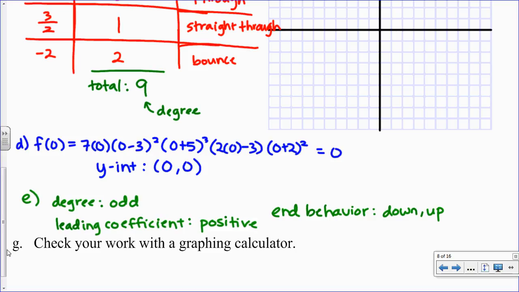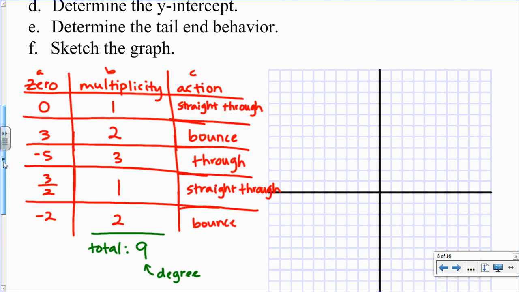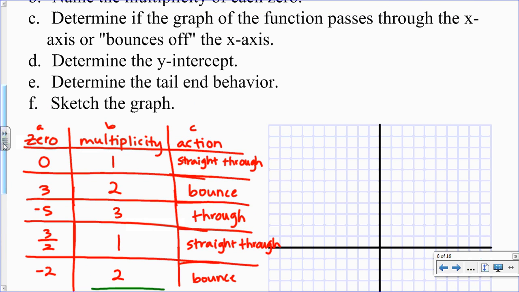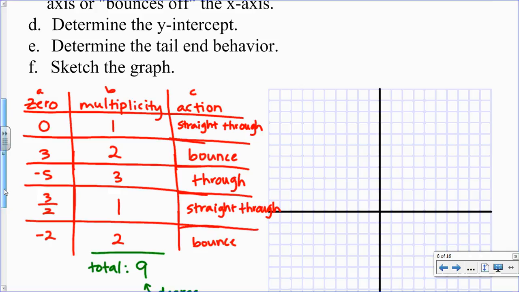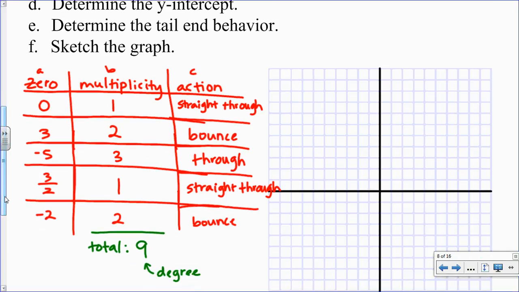Okay, so let's name part F, which is to sketch the graph. So I'm going to use all of this information to sketch. Okay, my end behavior is down, up. So I'm not necessarily going to connect to those arrows, but that's just going to help me know where to start and finish. Okay, so these are my zeros, these 5 over here.